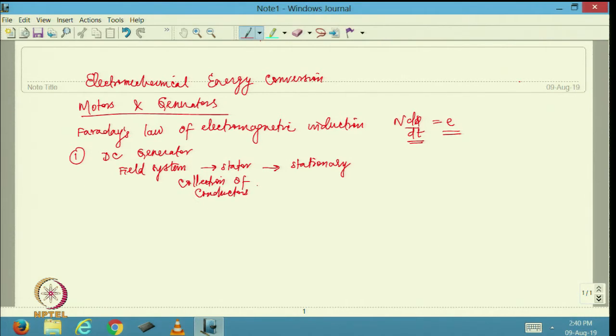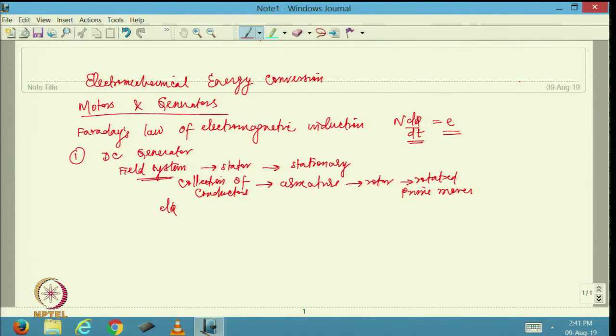This is actually going to be housed in the rotor. So, this is going to be rotated with the help of a prime mover. So, the conductors are going to look at this magnetic field as though it is having a rate of change.